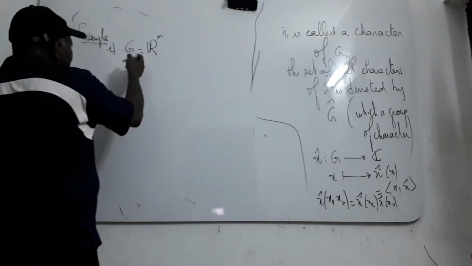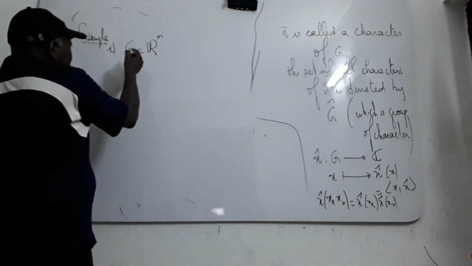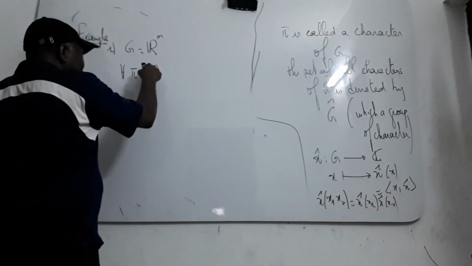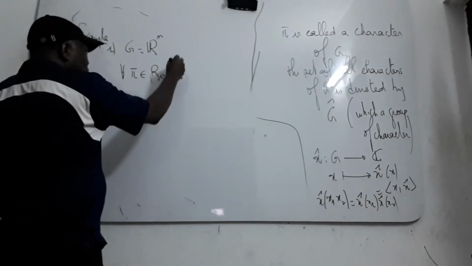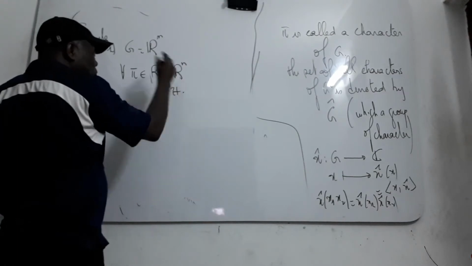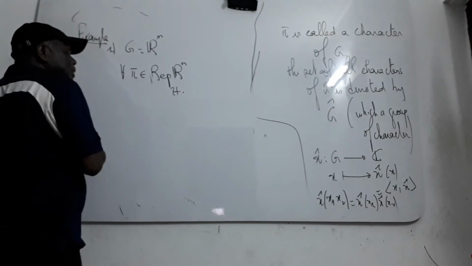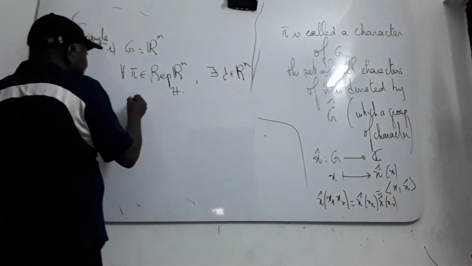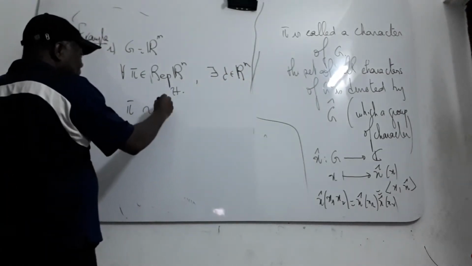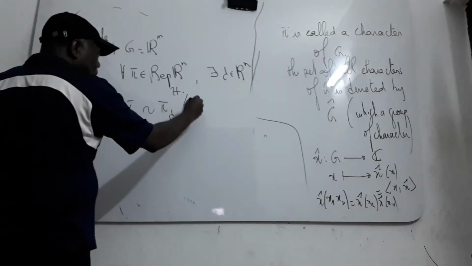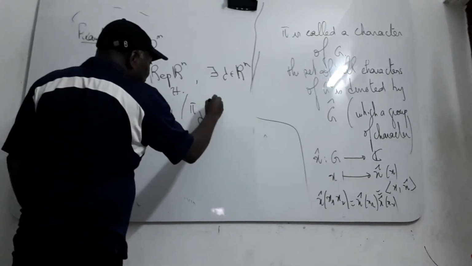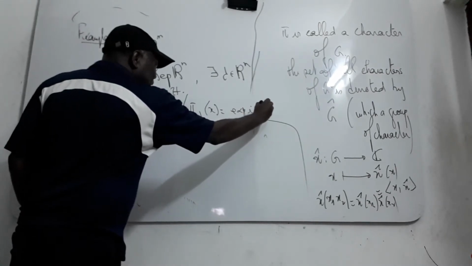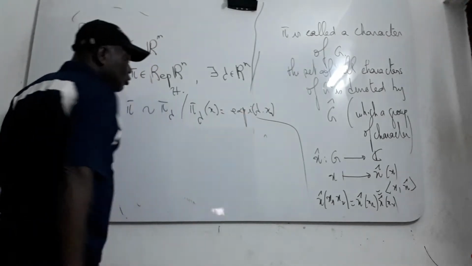Then for all representation pi of R^n on a Hilbert space, we can show that there exists lambda in R^n such that pi is equivalent to pi lambda, where pi lambda of x is defined as the exponential of i times the scalar product of lambda and x.